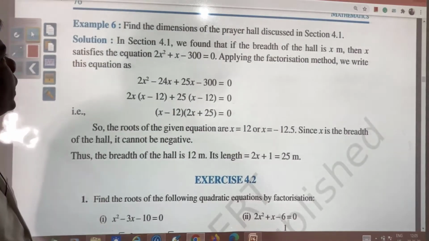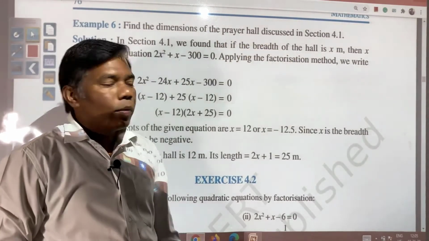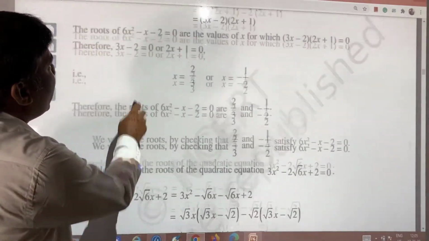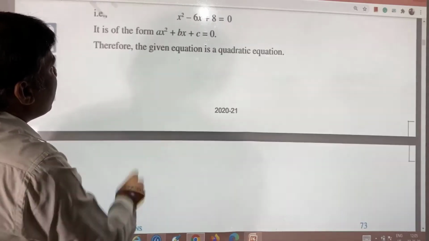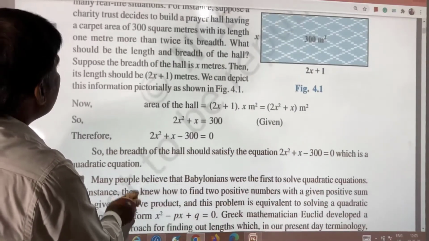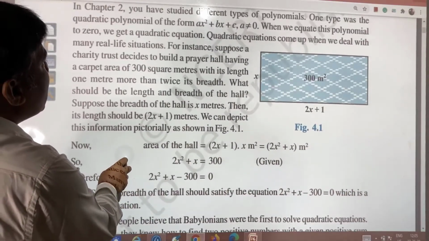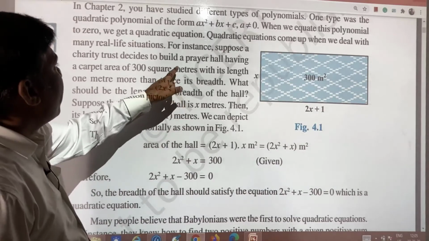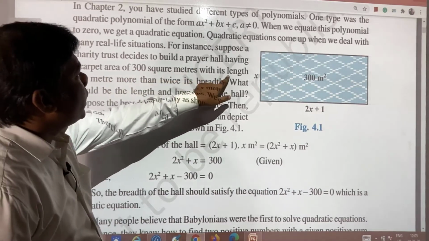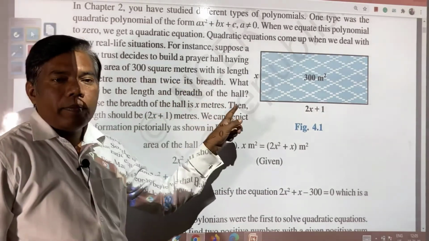Next example you see, find the dimensions of the prayer hall discussed in section 4.1. So in section 4.1 you have, here you see, a prayer hall having a carpet area of 300 square meters with its length 1 meter more than twice its breadth.